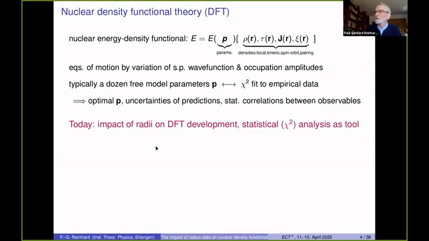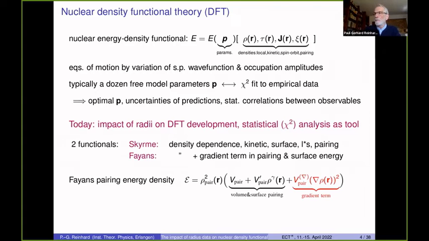I will use statistical analysis as a navigator through the landscape of model parameters. There's one experimental theoretical detail which I have to emphasize. I will use two functionals.